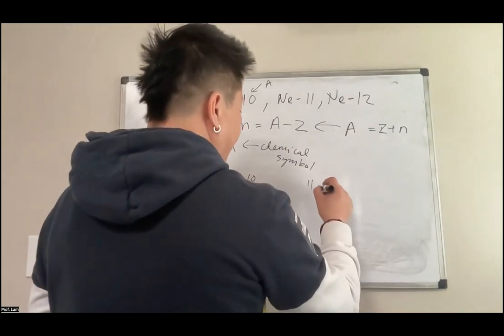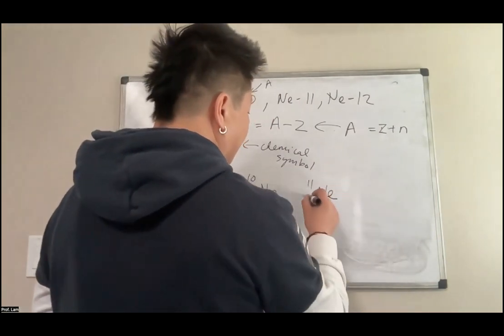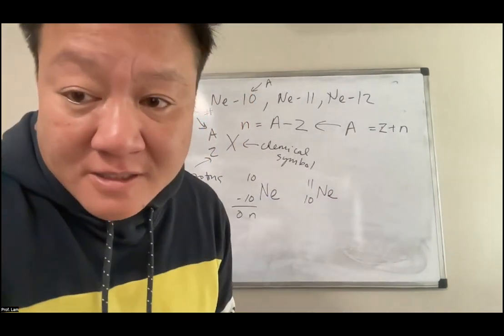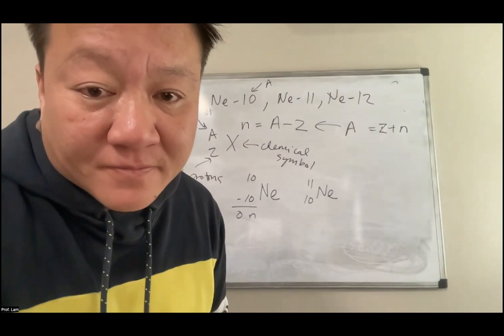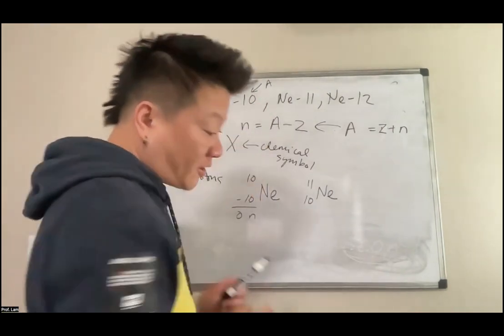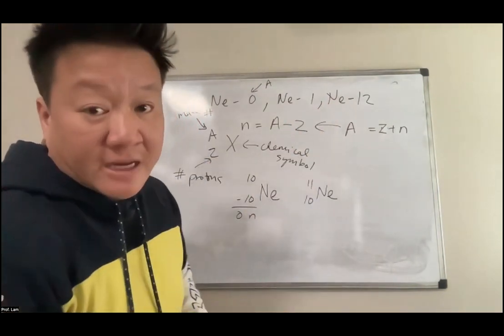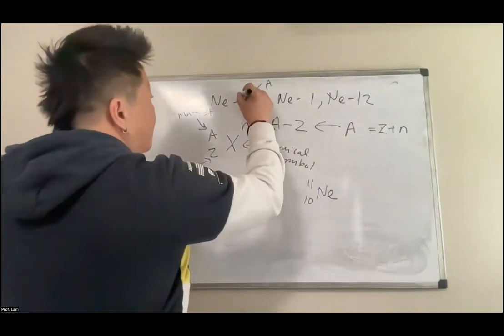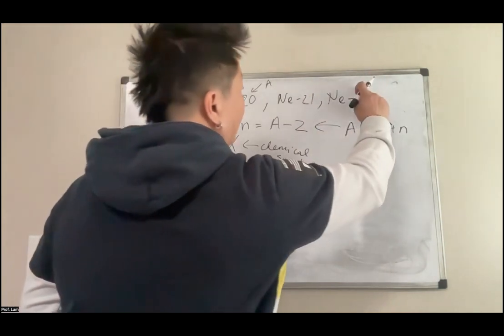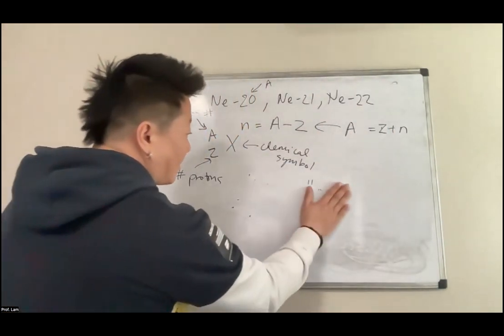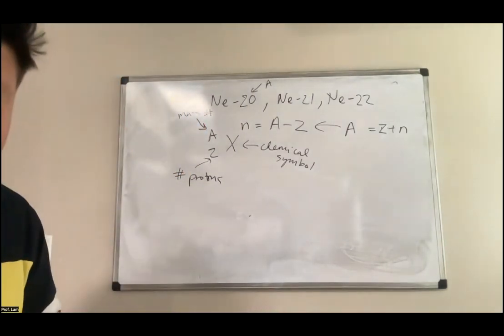But neon-11, let's see. Oh, sorry. I think I wrote that down wrong. So neon has 20, 21, 22. Okay. So those are the 3 isotopes of neon.